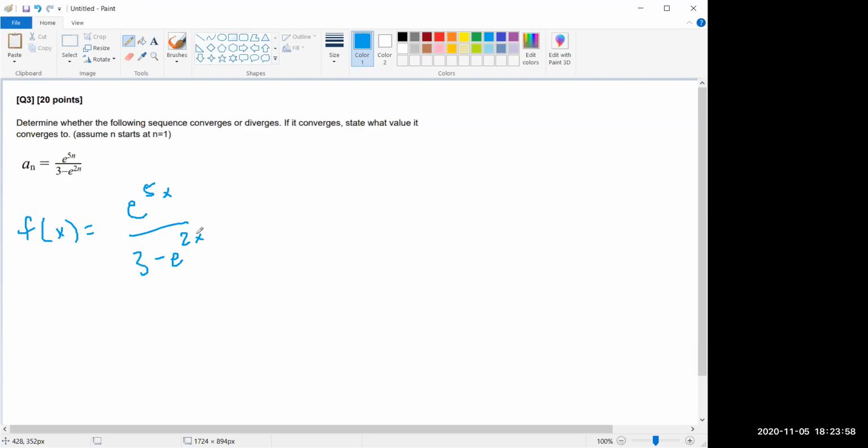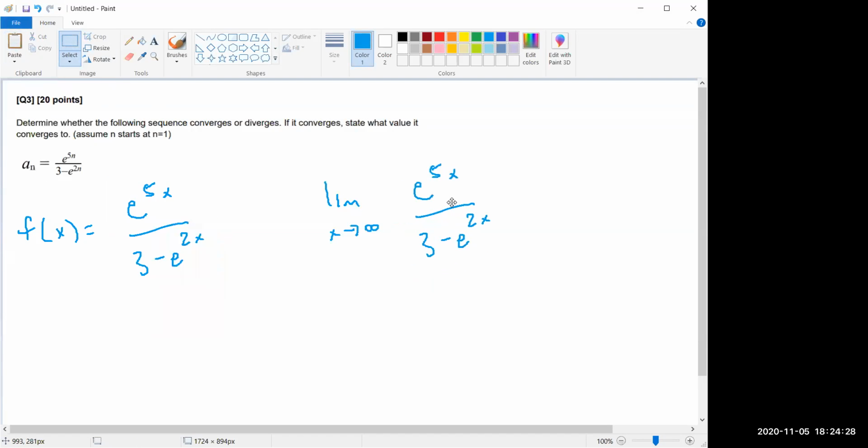So if you have that function, we need to take the limit, right? Because that's how we find out if it converges or diverges. So what happens to this function as x approaches infinity? Limits as x approaches infinity of this function, which is good because we have a lot of techniques for how to find the limit of functions.